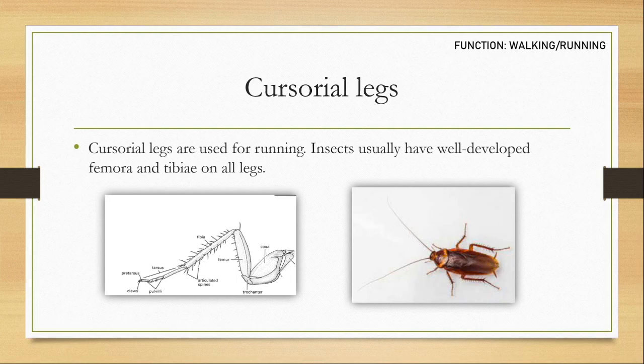Cockroaches have wings, they can fly, but their main mode of locomotion is walking very fast. So their legs are suited for walking. In these legs, you would find that the femur and tibia are well developed and very muscular, and these kind of tibia and femur help them in walking very fast.